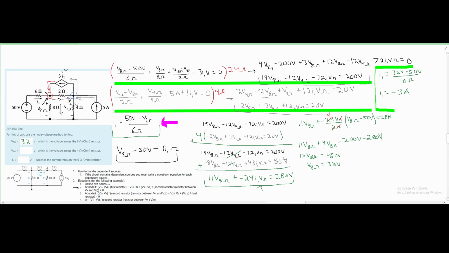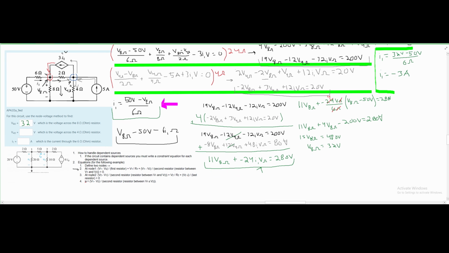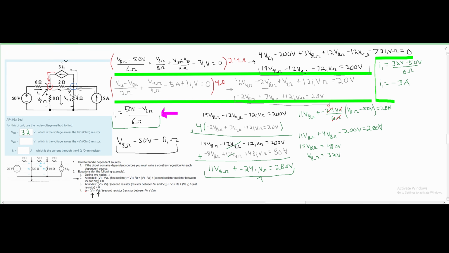And the reason why is because even if we look down here at the instructions, we have our V1 minus V2. Normally our V1's right here and our V2's right here. However, if we switch things around, we're moving both of these over. This is going to be our new V1 and this is going to be our V2. That's why our V1 has to be 50 volts and then our V2 is V8 ohms.